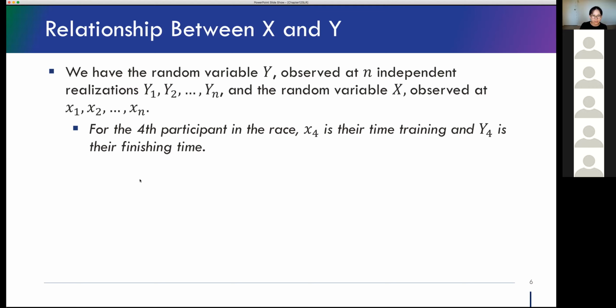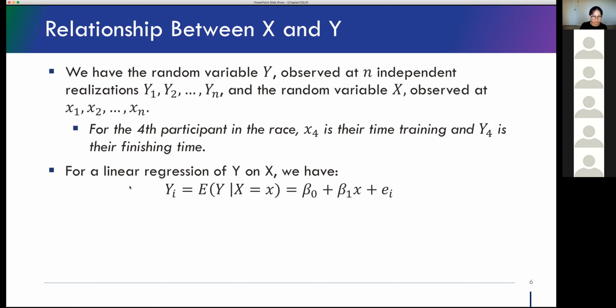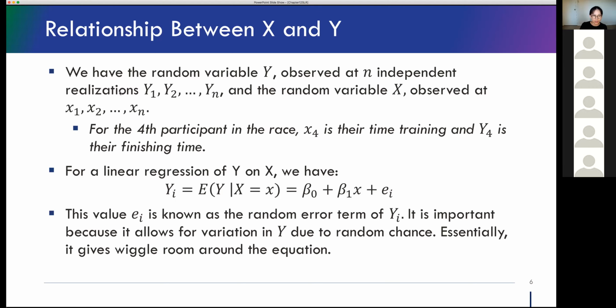Let's make sure that we know how the data is laid out. We have random variable Y observed at n independent realizations. Like I mentioned, we have Y1, Y2 up to Yn. And the random variable X observed correspondingly, we have X1, X2 up to Xn, and they correspond one to one.